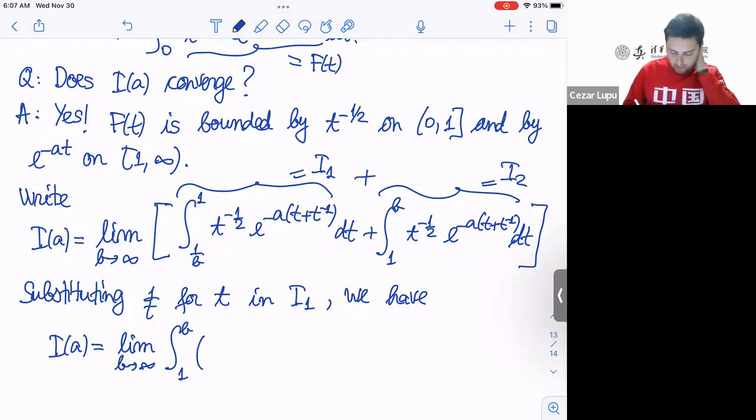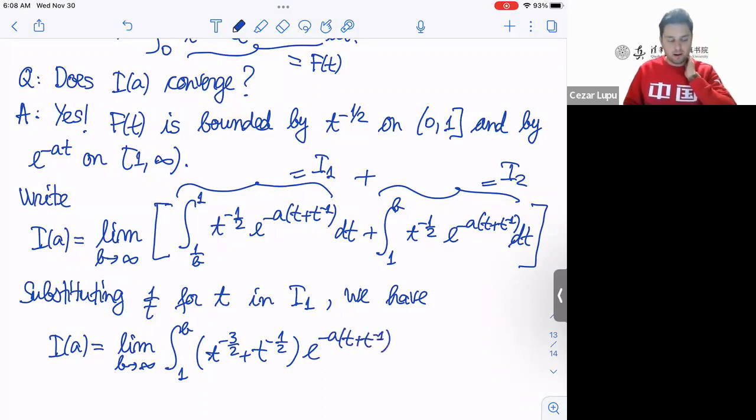So one of them will stay the same, so t to the 1/2, and the second one will be 1 over t, so dt. Okay, so t to the negative 3/2 plus t to the negative 1/2 times e to the negative a times t plus t to the power negative 1 dt. I hope I didn't make any mistakes in computations, but yes, that should be it.